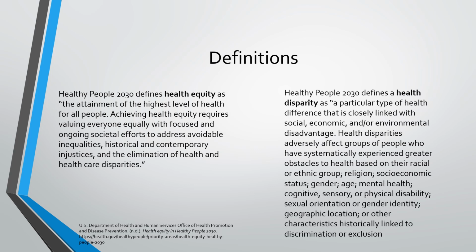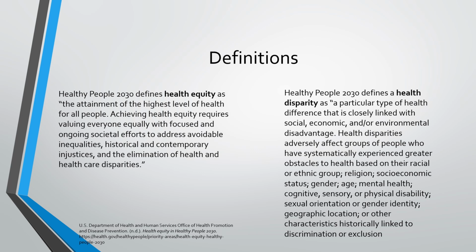And then we think about health disparities as a particular type of difference that is closely linked with social, economic, and/or environmental disadvantage. So again, let's think about Windora. Health disparities adversely affect groups of people who have systematically experienced greater obstacles to their health.